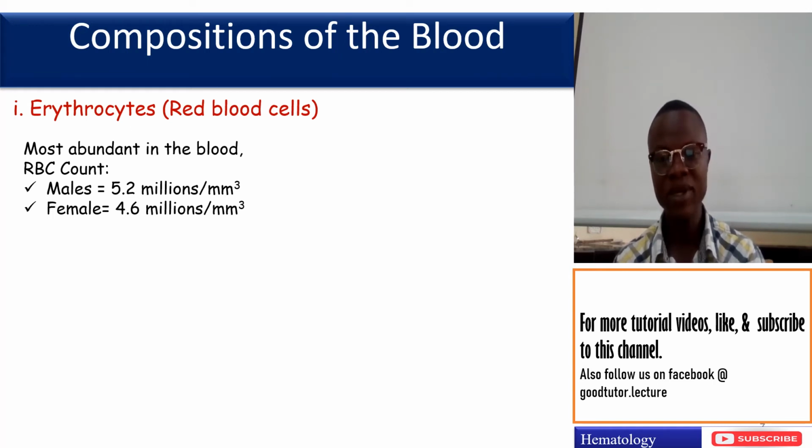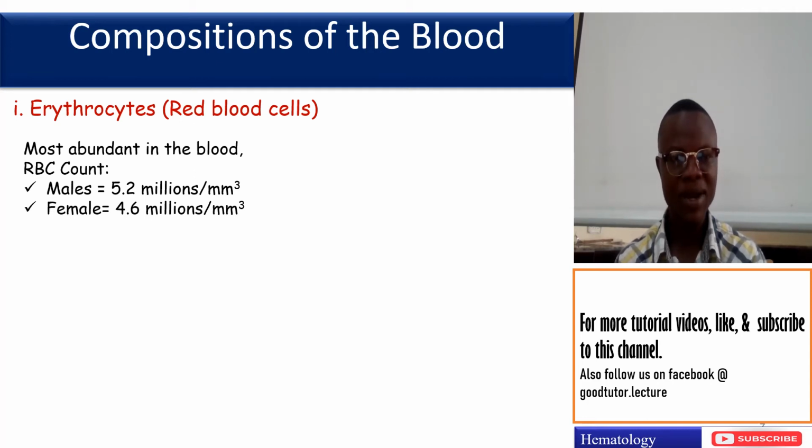So the loss of blood in that particular period also contributes to the reduction of their red blood cells. For that reason, we have the male percentage of red blood cells being higher than the female percentage of red blood cells.